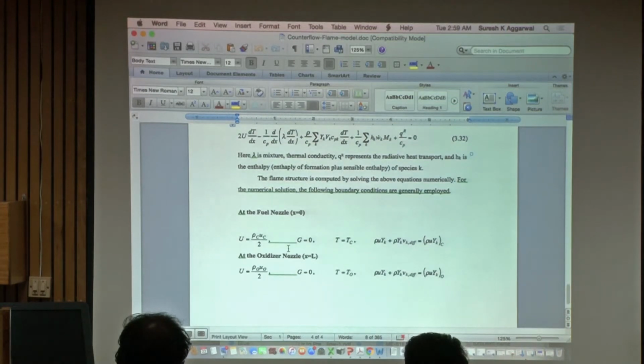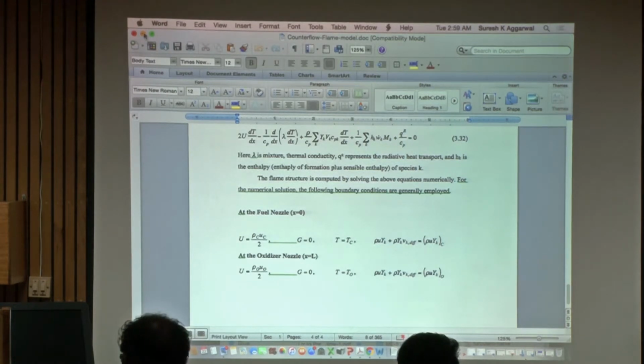And then, of course, the boundary conditions and all that. So these are the equations used. Numerically, you get the finite difference form, and then you solve. So that's what is done in Chemkin. And again, you supply the other 3 files, the thermo file, kinetic file, and the transport file.